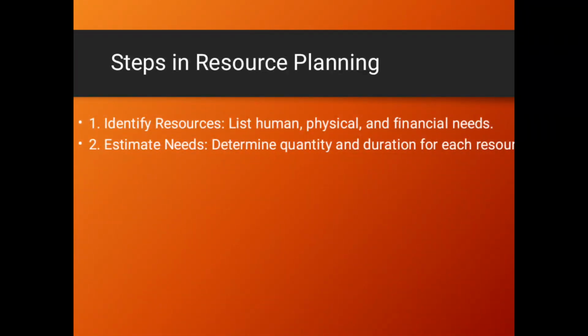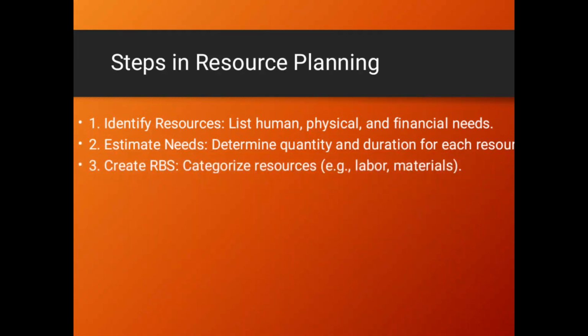From there, you need to determine the quantity as well as the duration for each resource in that project. From there, you need to create a resource breakdown structure where you're going to list all the human resources, all the physical resources, as well as all the financial resources.